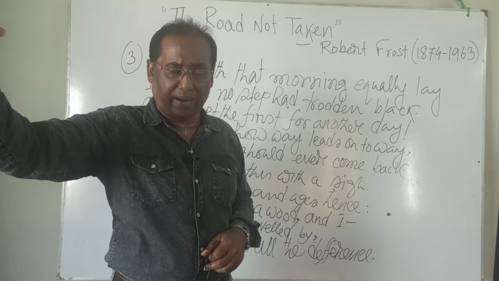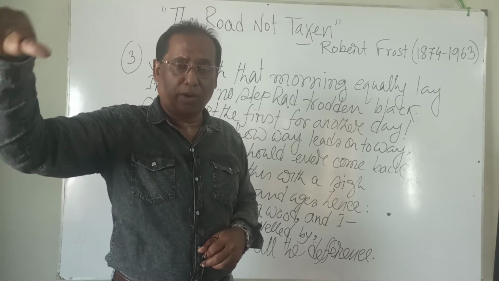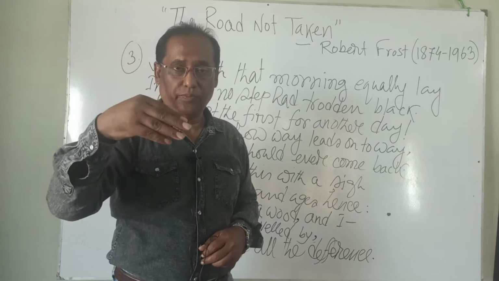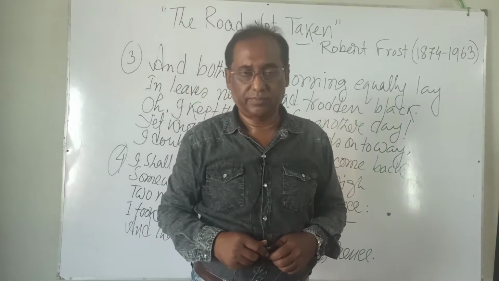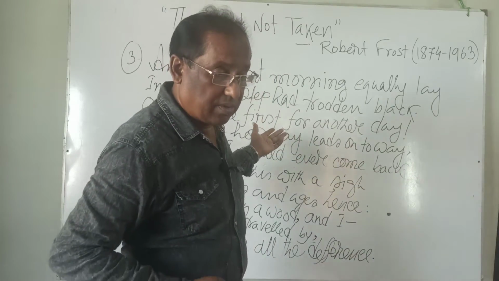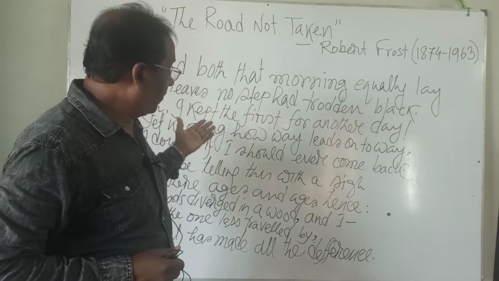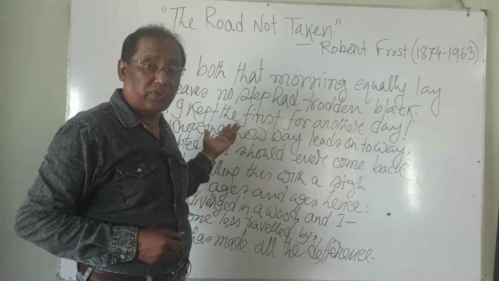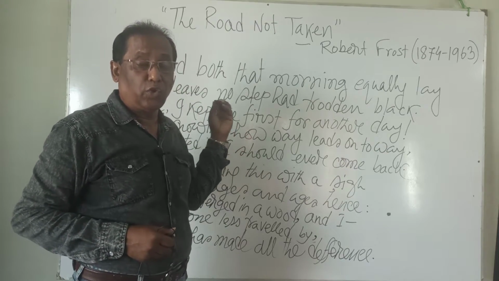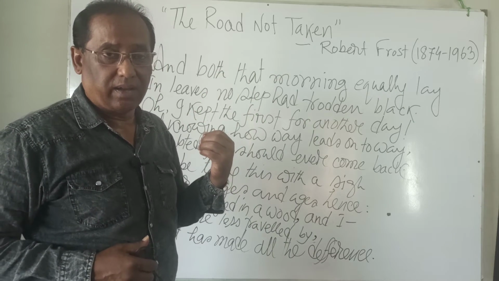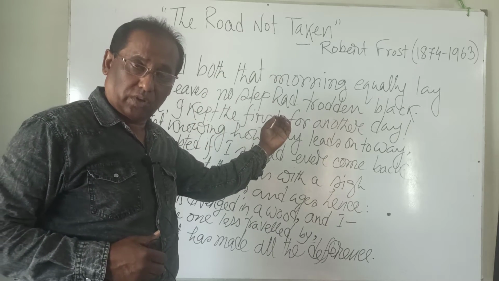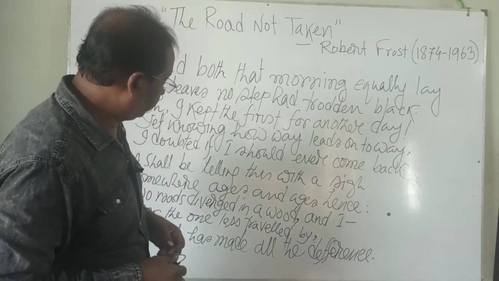None can come back from the world of death to walk along the road of life. So there is still the confusion in the mind of the traveler whether it would be possible for him to come back to walk along the road not taken.